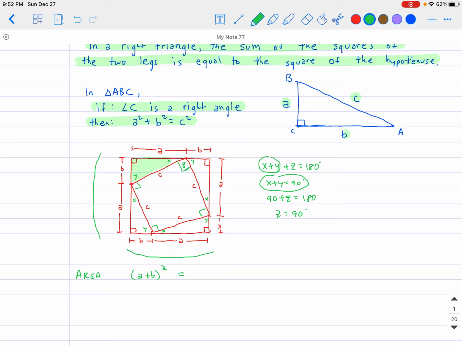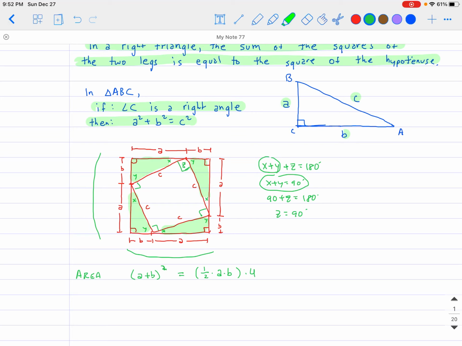Now that is equal to the sum of all of the areas of the inside that makes up that big square. So that is to say, if you look at it carefully, you have 4 of these triangles over here. Those triangles, you can find out what the areas are, and that is going to be 1/2 multiplied by a multiplied by b, and I'm going to multiply that by 4 because there are 4 of them.